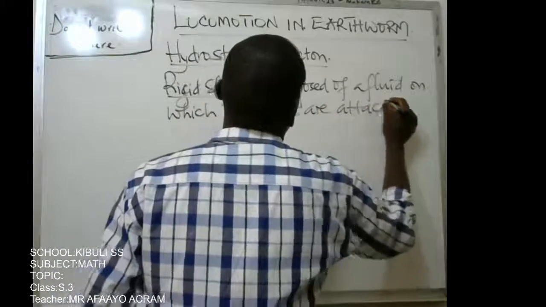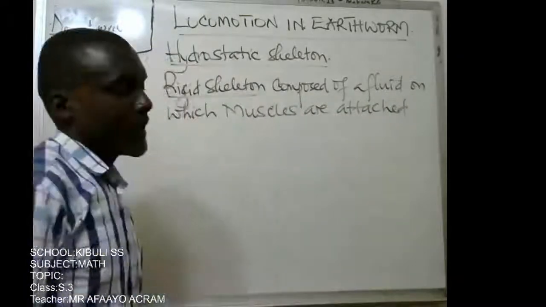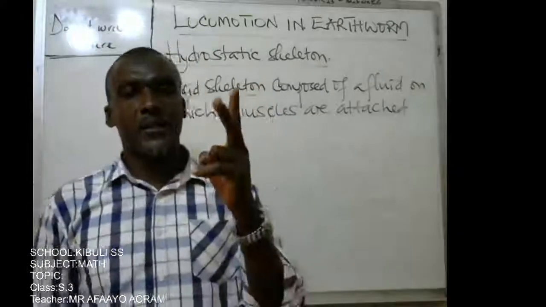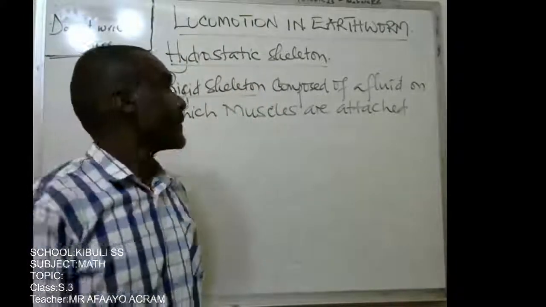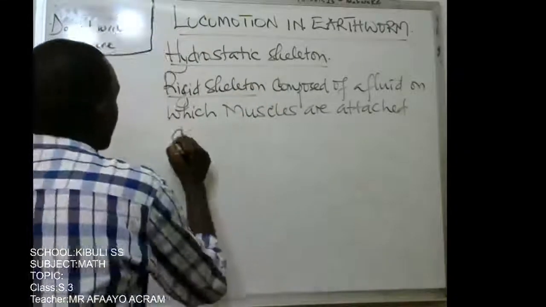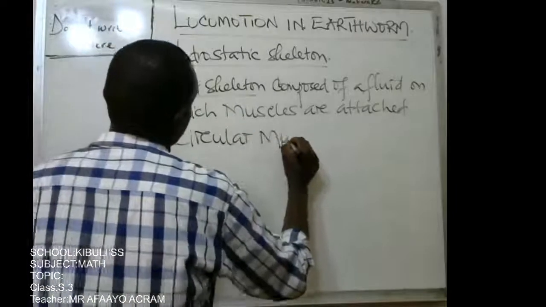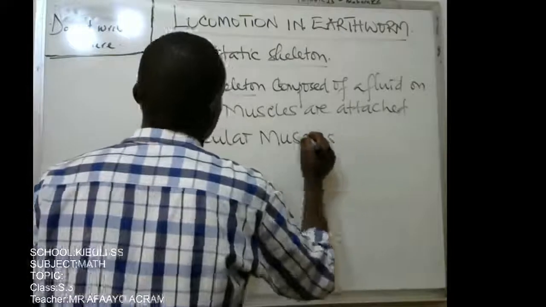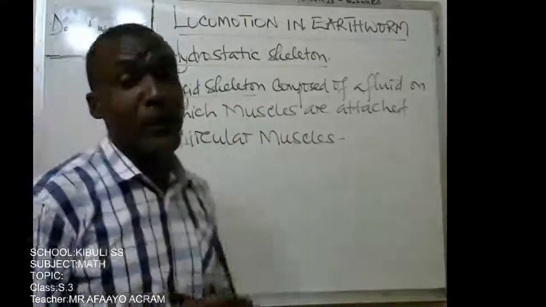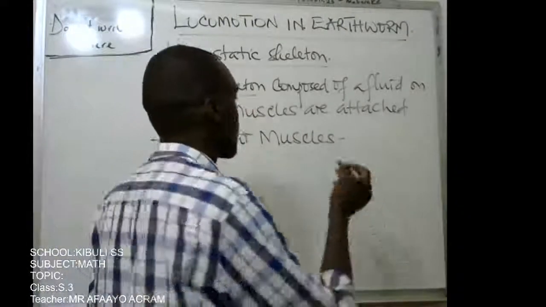In the case of the earthworm, it has two sets of muscles. One, the circular muscles. These form a ring, so you can call them ringed muscles.